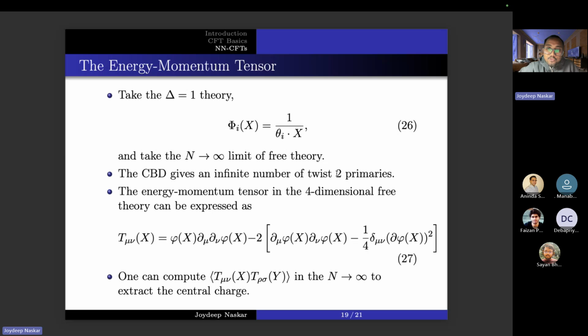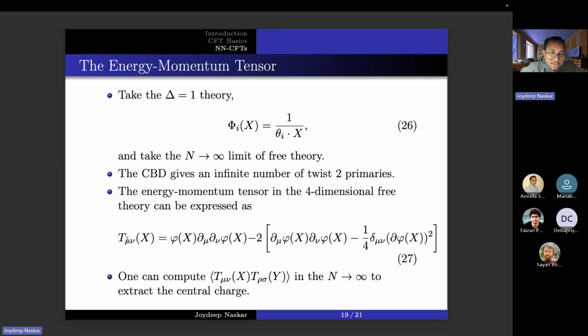Because now you get some operator that has a spin 2 and scaling dimension 4. You will interpret that as the energy momentum tensor, and you know the functional form constructed out of this single field phi.